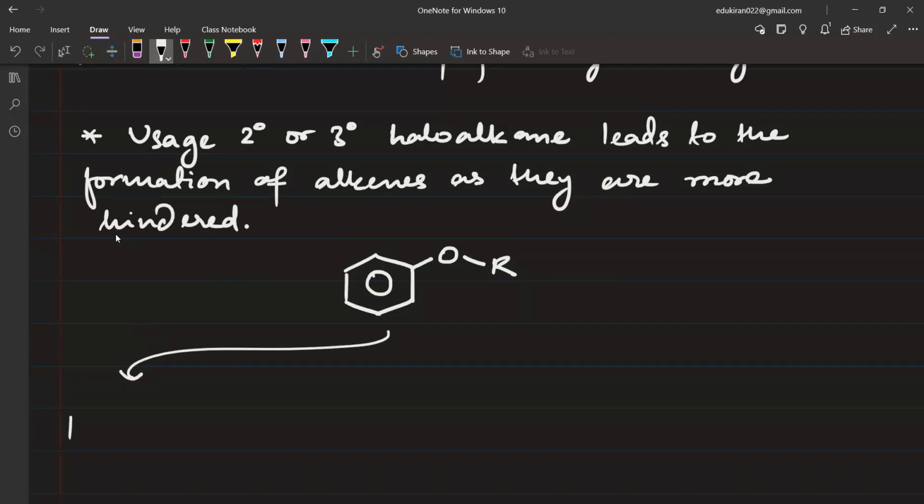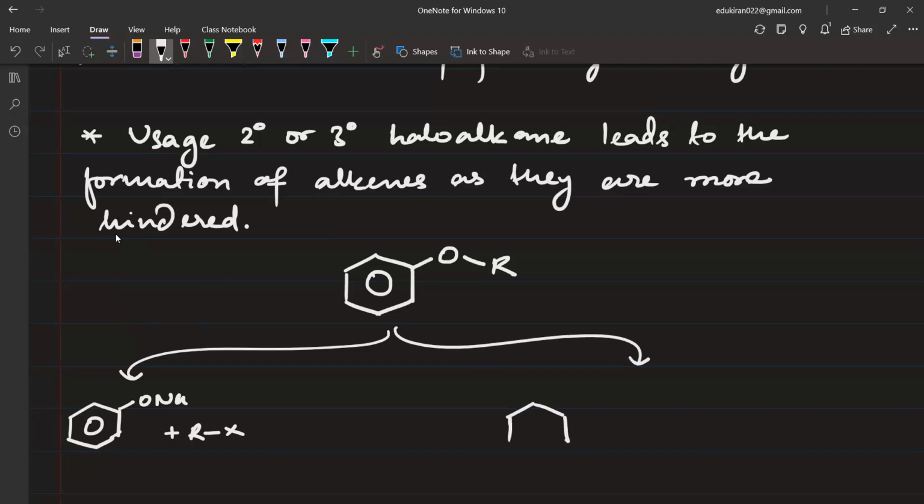I can either make it by using phenoxide ONa plus RX, or the other way of going towards this would be aryl halide plus RONa, right?